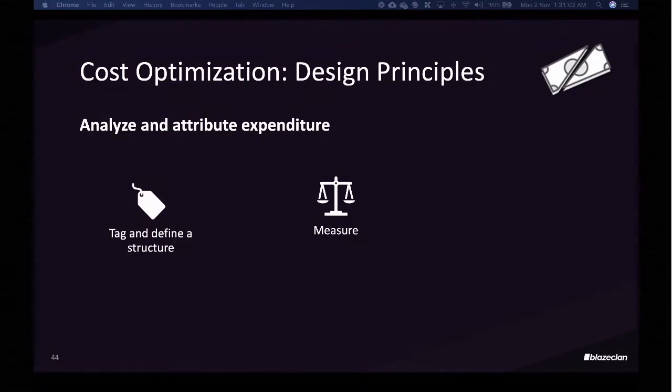Basically, we would tag all our infrastructure to an extent that it would advise which team is working on it, which environment it is, which project it is, and so on and so forth, and then measure it, right? Measure it, and finally, based on the details that you have, define the ownership as to where is the cost center, who's using it, and for how much.